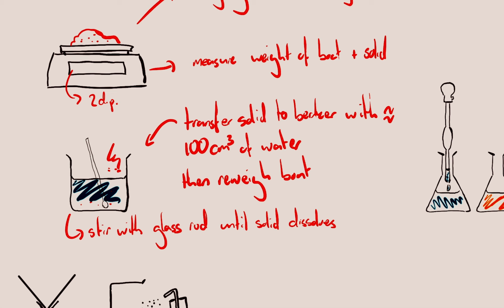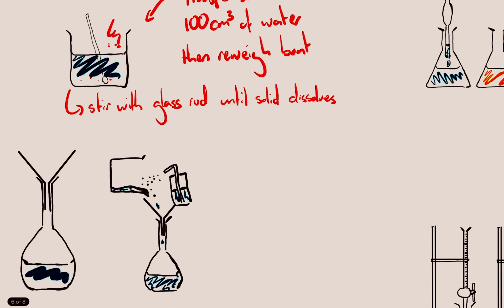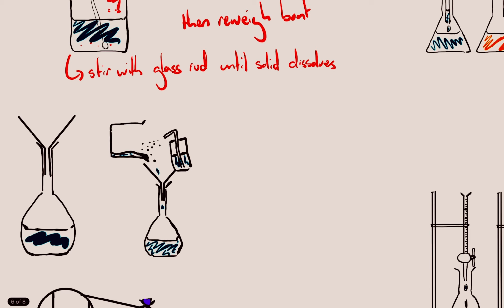Bear in mind, it's possible that some of our solid is going to be on our glass rods. It's possible that some's going to be left behind inside our beaker. So here, we're going to pour it into this. So we've got our volumetric flask. And generally speaking, our volumetric flask is going to be 250 centimetres cubed.